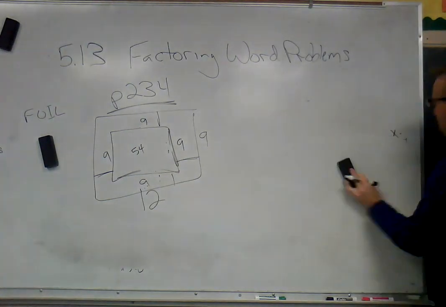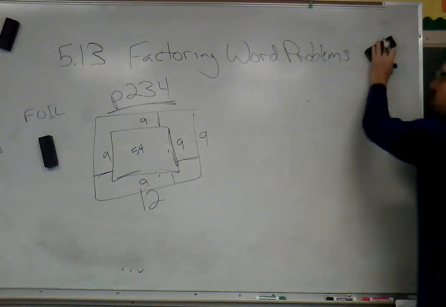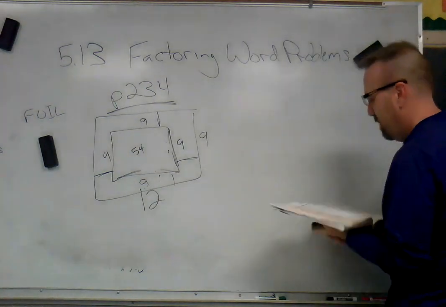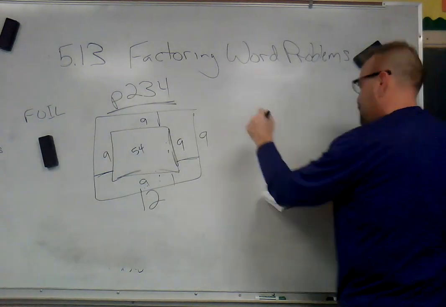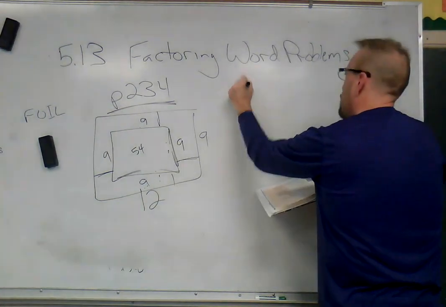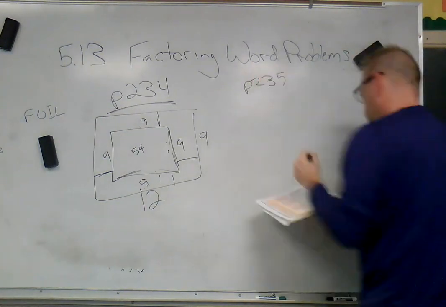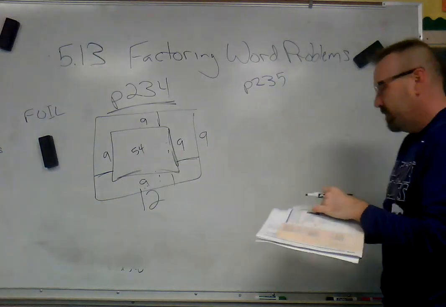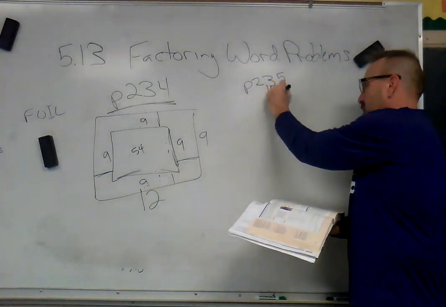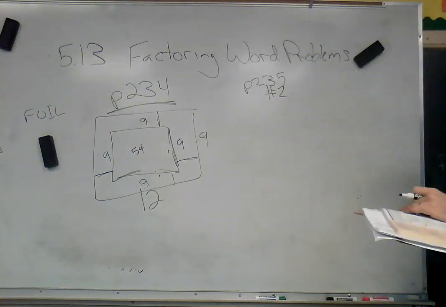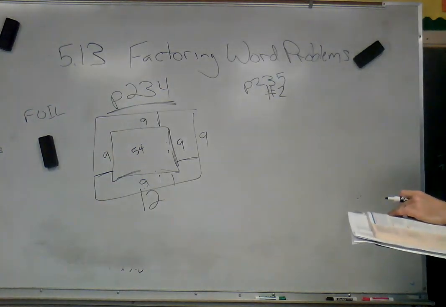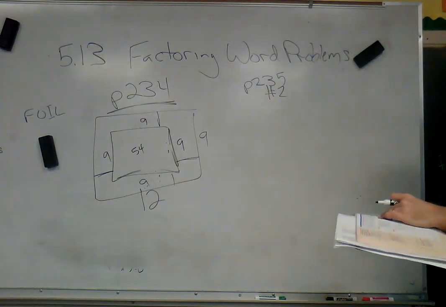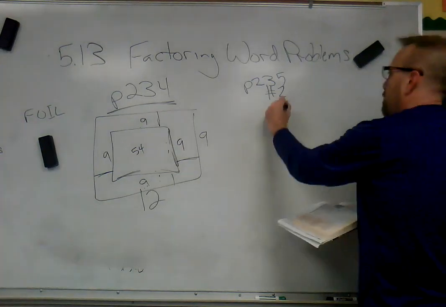Okay. I want to do one more of the first ones. Number 2 on page 235. It says a number is subtracted from its square. The result is 72. So we have the number.